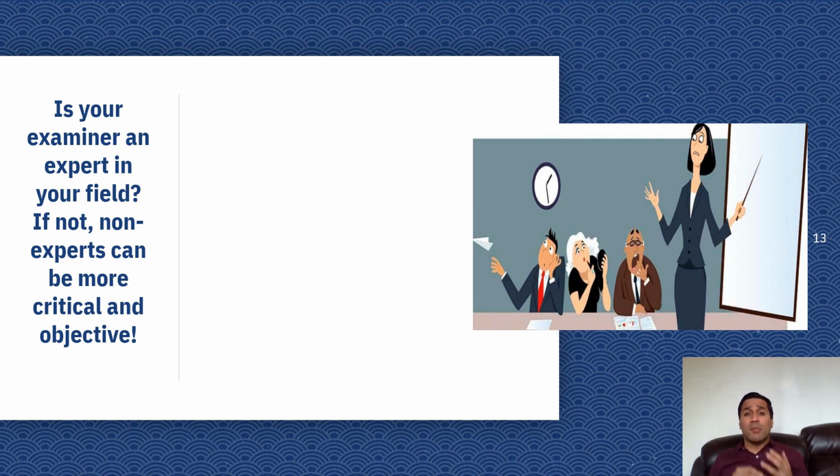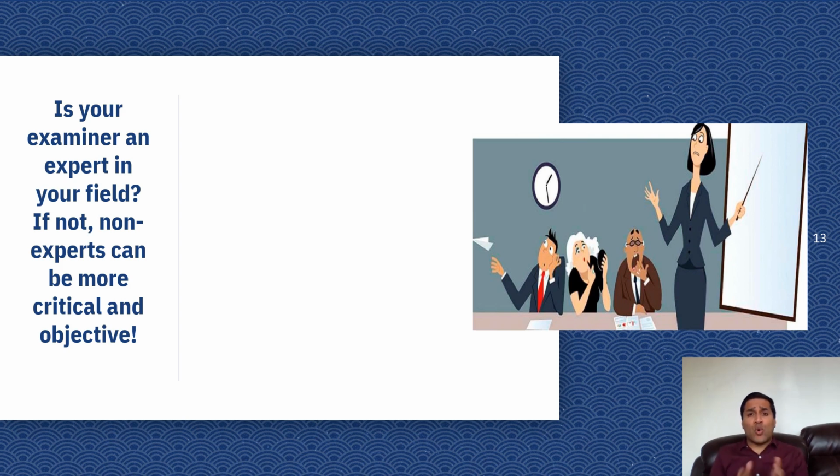They will be more objective and more critical because they come from a different background. That will not go down well, and you will start panicking and you will not give the performance you would have rehearsed. Obviously everybody does rehearse, with a mock PhD Viva, before attempting the actual PhD Viva.